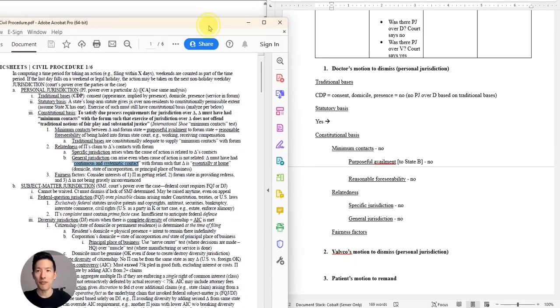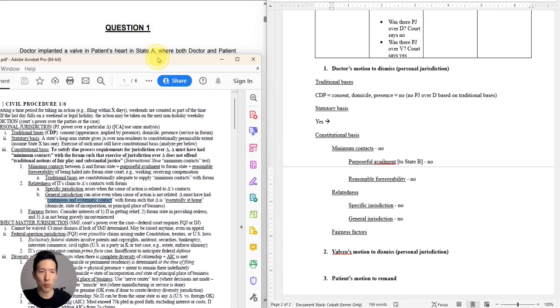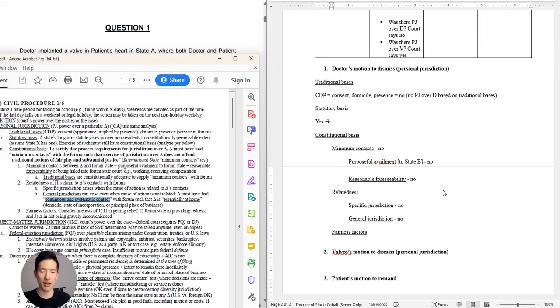Lastly, let's look at the fairness factors. So we want to balance the interests of the plaintiff, the forum state, and the defendant. The interest of the patient getting relief, that's important. If the plaintiff was actually injured, then yes, we want to compensate for that. And state B is probably interested in providing that redress.